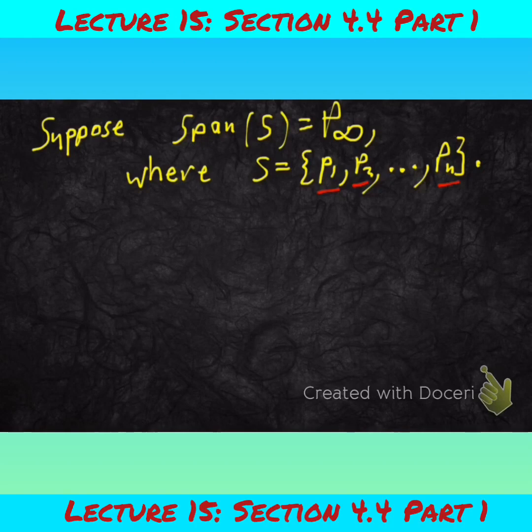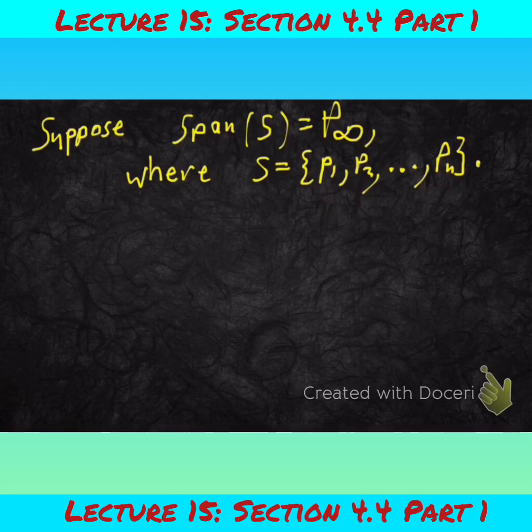That surely means that at least one of these polynomials needs to be of infinite degree, because if all of them are of finite degree, I cannot write a polynomial of infinite degree as a linear combination of a finite number of polynomials, all of which have a finite degree. So at least one of these polynomials in S has to have infinite degree, right?